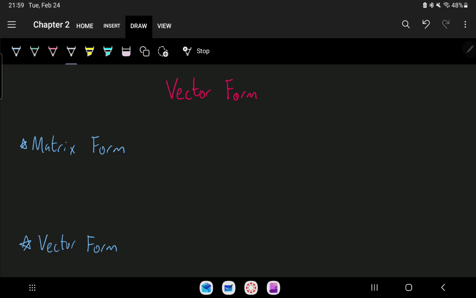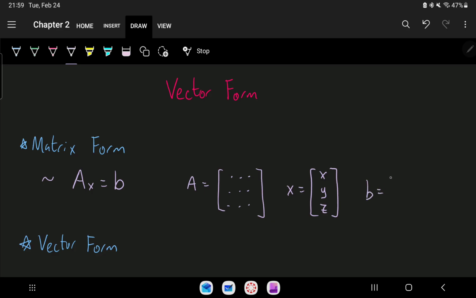If you'll remember from chapter 1, the matrix form of an equation is AX equals B, where A was some matrix, X was the x, y, and z, and B was the solution, right?